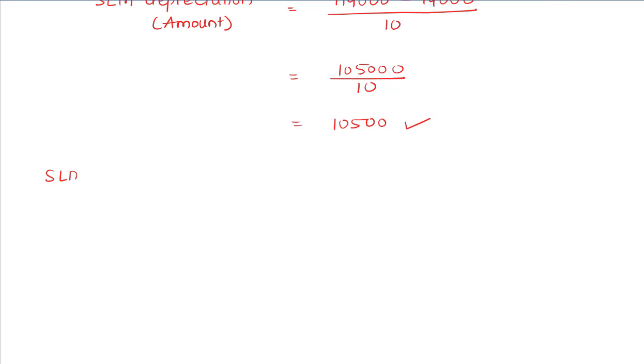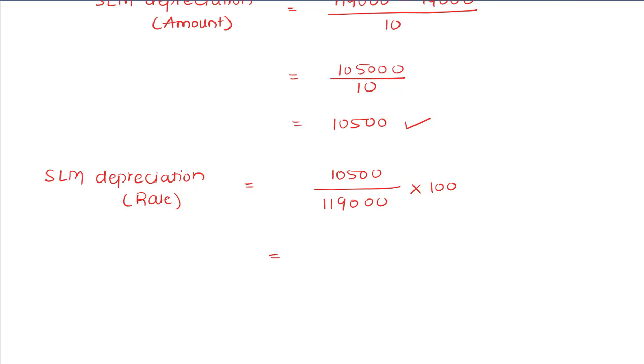The next is SLM depreciation rate. The SLM depreciation amount divided by original cost. Original cost is 1,19,000, and we need to multiply this by 100.